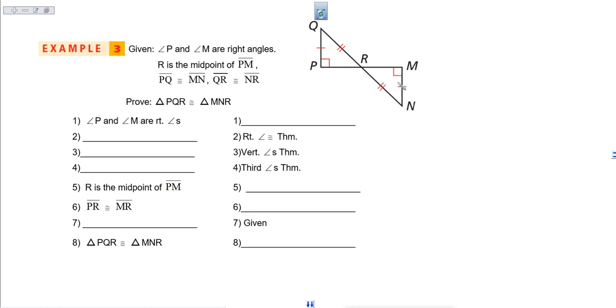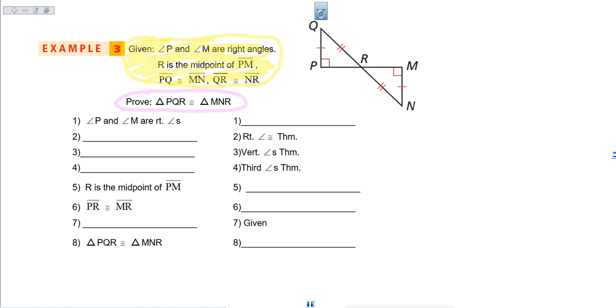Next up, we have a proof. Now, the first thing I want you to do every time you have a proof is circle the given information. Anything that is given to you, so all of this, you can write given next to in your proof. Now, what says prove, you cannot write given next to it.